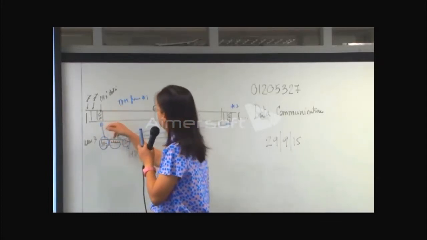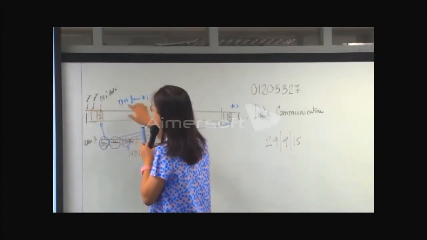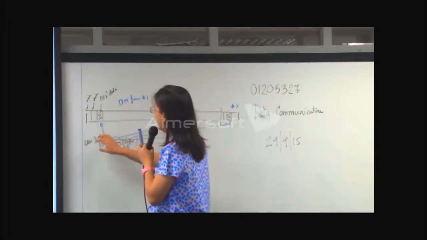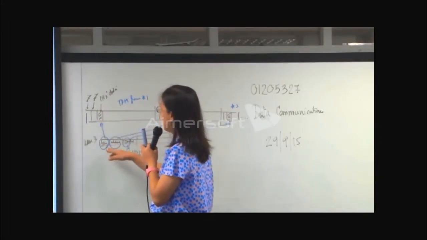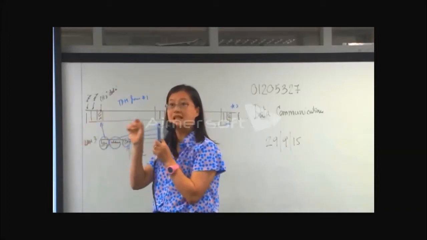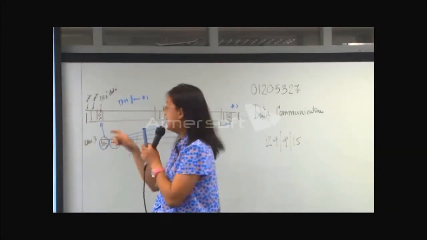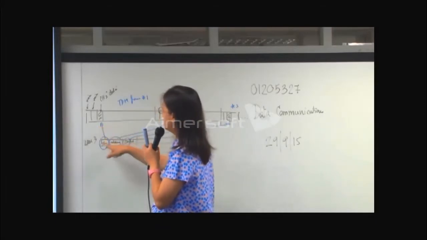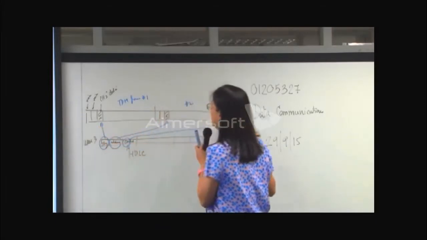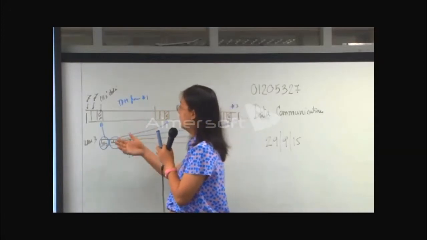So the TDM just sends. However, the user can decide what to send in each of the slots assigned to it.